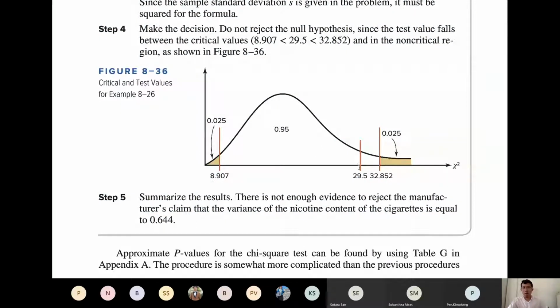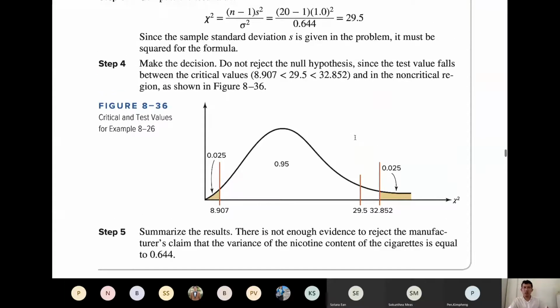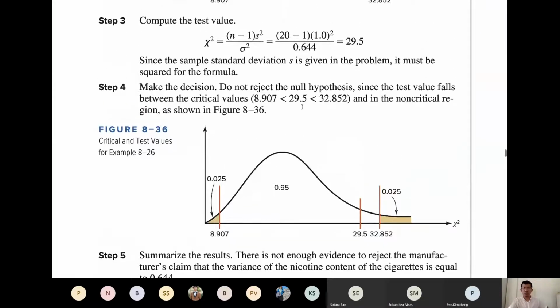If our test value is inside this or inside this region, we have to reject the null hypothesis. But it's outside. Do not reject. So the conclusion is do not reject the null hypothesis since the test value falls between the critical values, or in other words, it stays outside the rejection region.